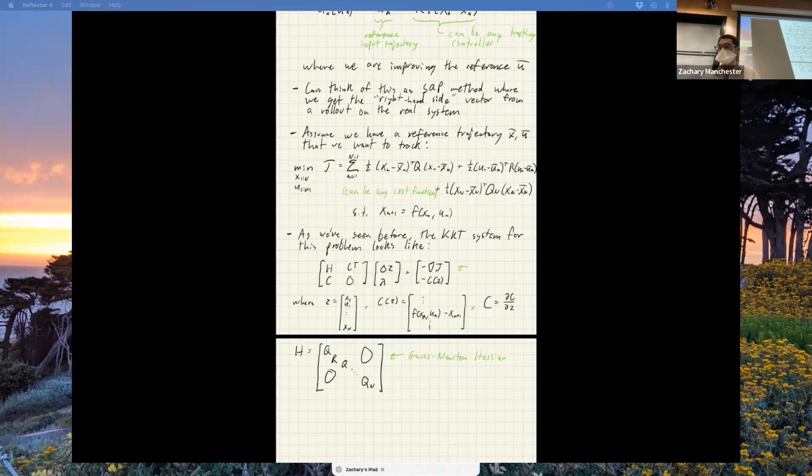Here, instead of that, I've written down the gradient of just the cost function. So that's a little different than we did before. And the other thing is that usually when I've done this in the past, when I do the Newton stuff, I write delta lambda in the bottom. Instead, here I've written the actual lambda, not a delta update. So what's going on here?